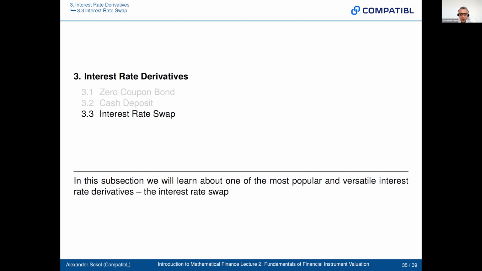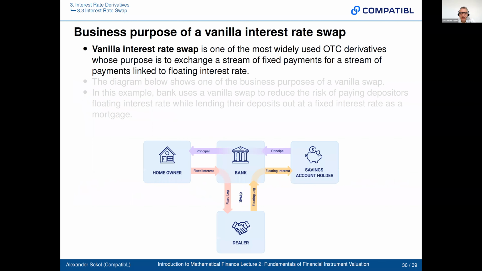An interest rate swap is different, and it consists of a series of cash deposits, some of which start today and some of which start in the future. Now, a vanilla interest rate swap, vanilla meaning plain or simple, is one of the most widely used over-the-counter derivatives.